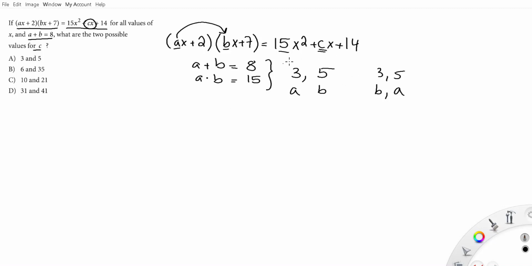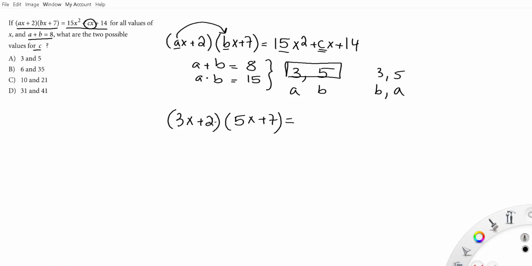So I'm going to take what I found about 3 and 5, and I'm going to plug it back into this equation here and see if I can find c. So let's say that a is equal to 3 and b is equal to 5. Then I'd have 3x plus 2 times 5x plus 7.